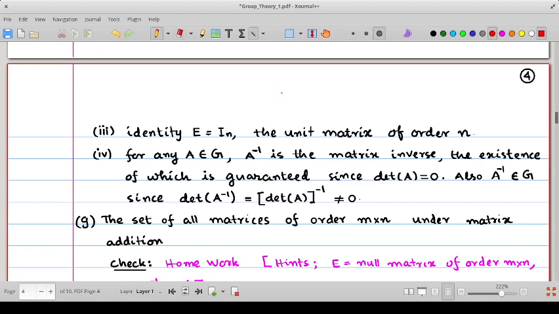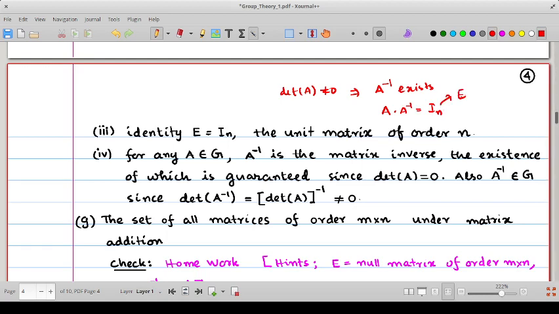Now, every element of this group is non-singular. For example, if A is an element of the group, then determinant of A is not zero, which implies A inverse exists, and that satisfies A times A inverse is equal to the identity matrix or unit matrix of order n.